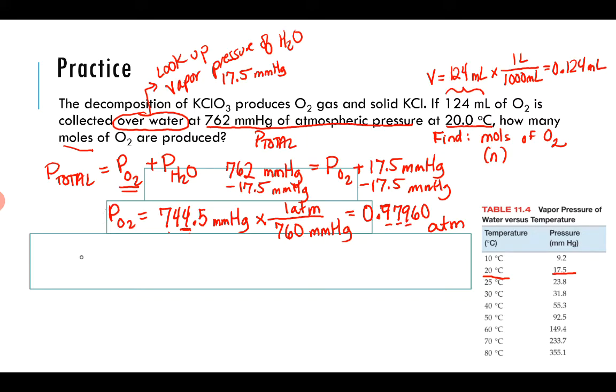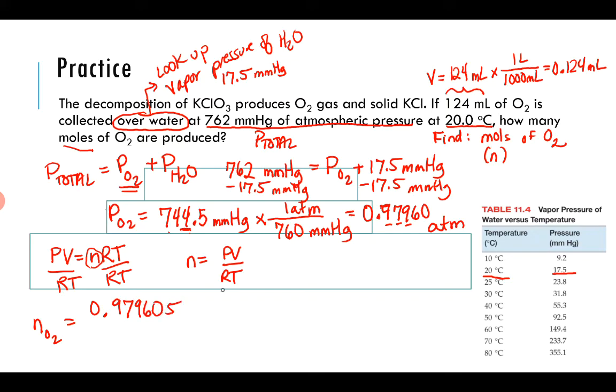So now I need to solve for my moles of O2. So PV is equal to nRT. Isolate your n. Divide both sides by RT. And then we will end up with n is equal to PV over RT. And so n, in this case, is going to be O2. I'm going to use my pressure of O2, which was 0.979605.